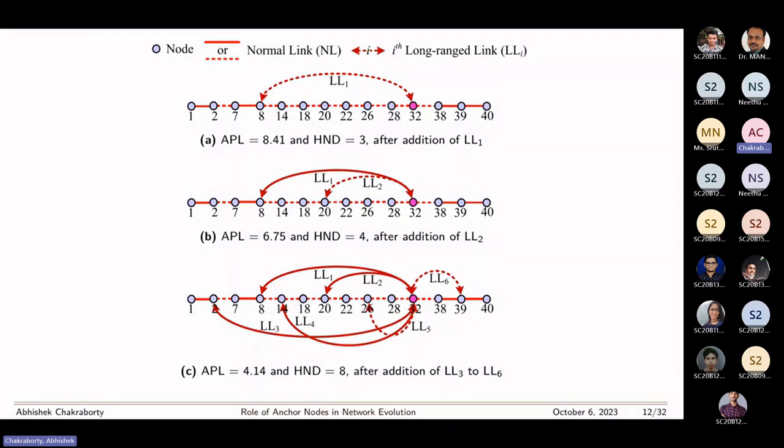Here the hop distance is the average path length. You can see it is drastically reducing with the number of links, and the highest neighbor degree is also getting very high.